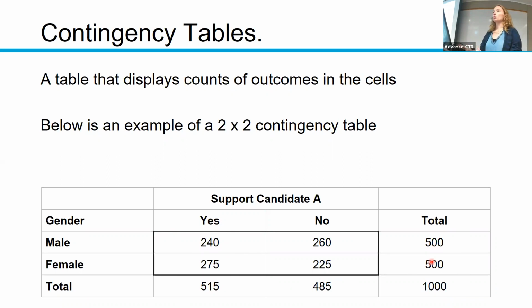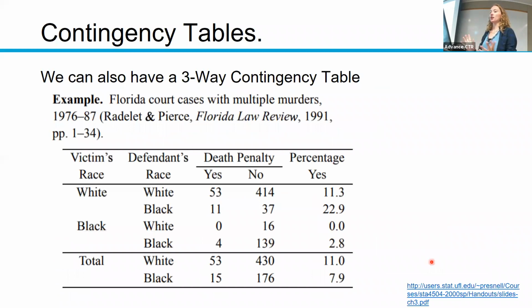We're mostly going to be working with 2x2 contingency tables today, but just for an example, I wanted to show you that you could also have a 3-way contingency table, which is looking at 3 binary categorical variables: victim's race, defendant's race, and whether or not they received the death penalty.